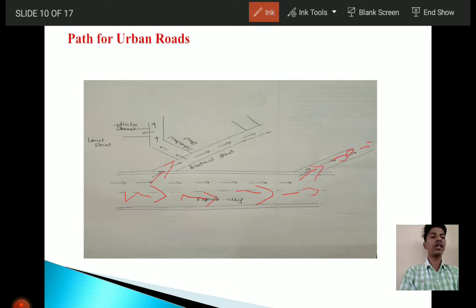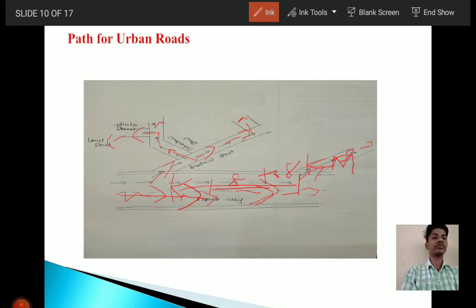See, this is the arterial road. Then the arterial road is subdivided into subarterial roads. See, this is the subarterial road, and another is subdivided into collector street and local street. The vehicle moves here, and this arterial length is 1.8 to 8 kilometers. This is the path for urban roads.